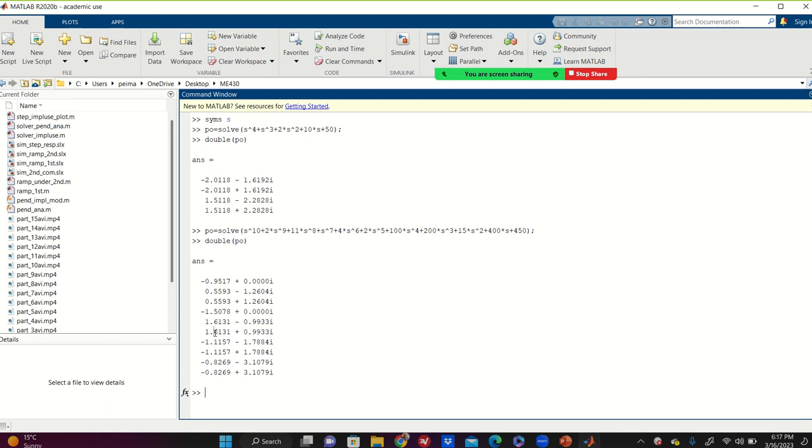So I'm asking you, what are the dominant poles? We don't have any dominant poles here. We do not have at all. The system is unstable. Okay? Understand everyone? Yes?